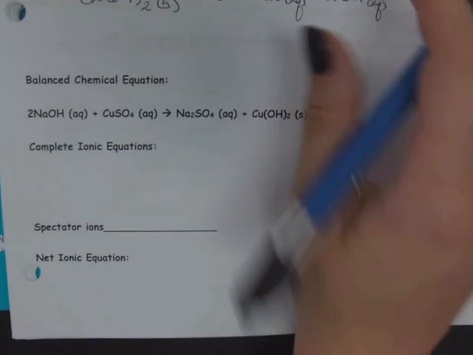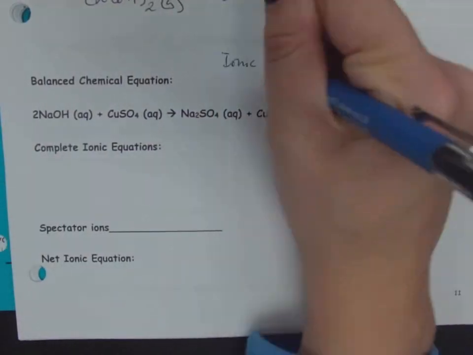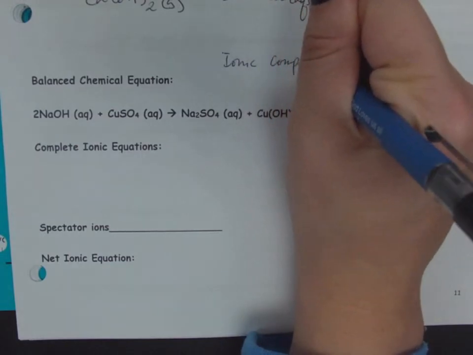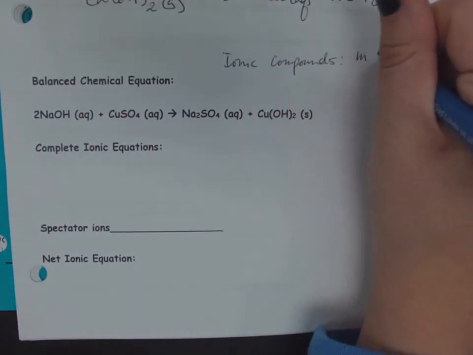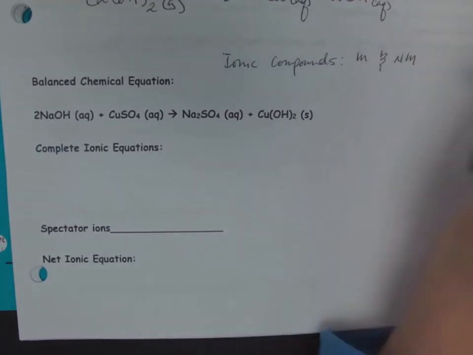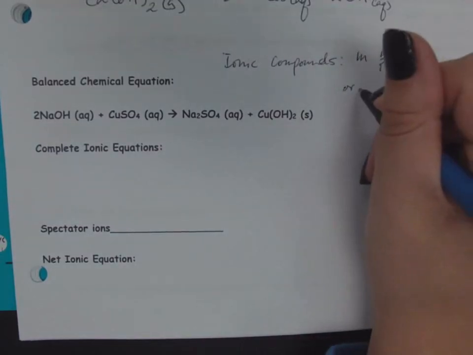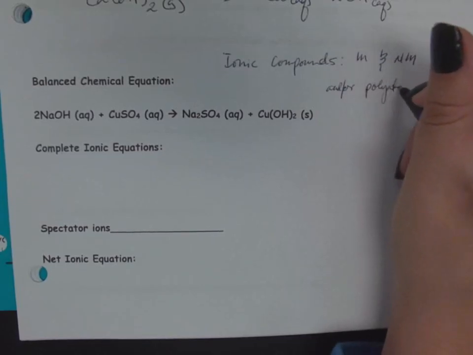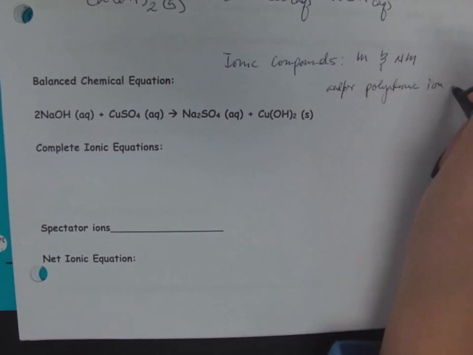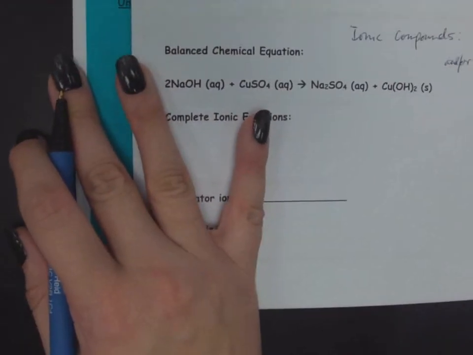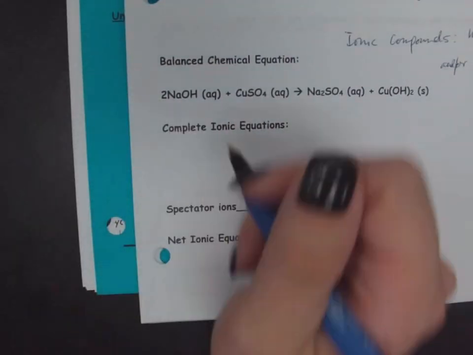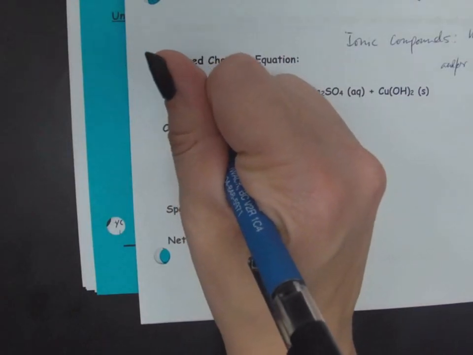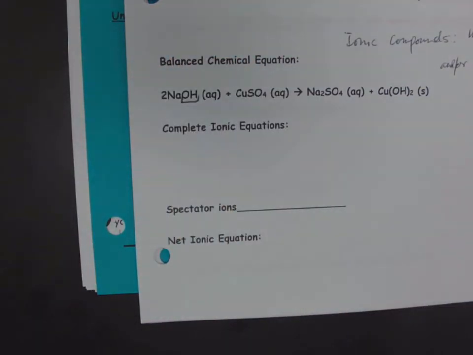And ionic compounds are metals and nonmetals and/or polyatomic ions. So we have sodium, which is a metal, and then hydroxide. And we need to know our polyatomic ions, and we also need to know what the charges of these atoms are based on their location.